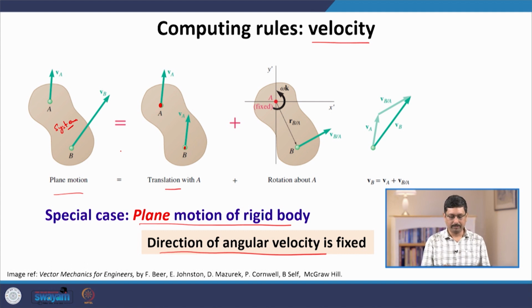The object is doing some combination of translation and rotation. It is always possible to break the motion of any other point B as a translation of the point A plus rotation about the point A. So, a translation of the point A and a rotation of the point B about A. This is going to be our strategy.